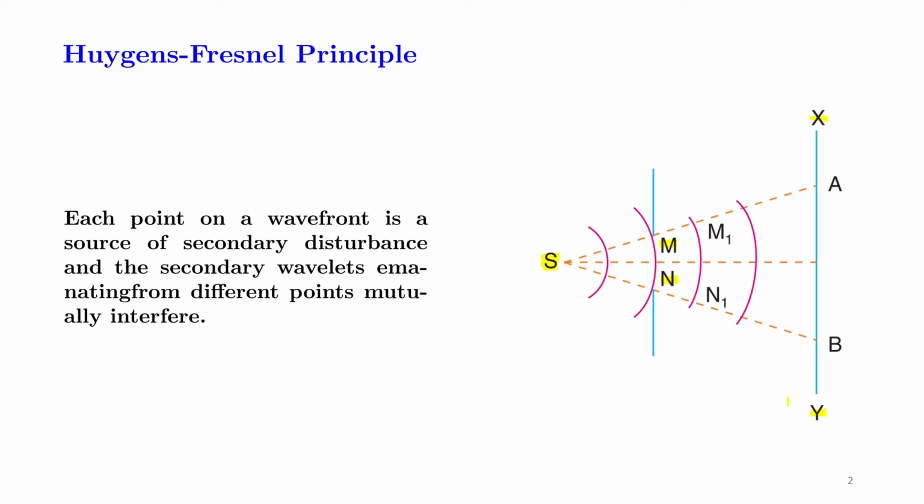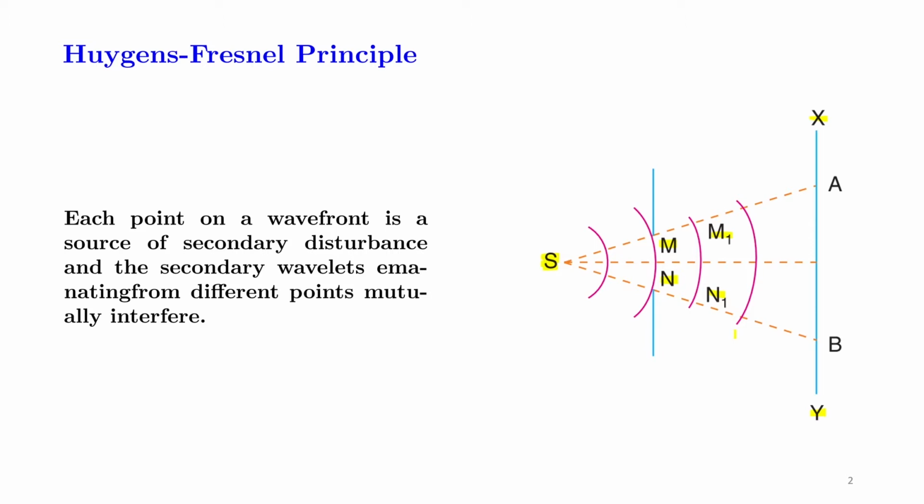Let us consider MN as the primary wavefront. Then, according to Huygens construction, the points in the primary wavefront form secondary waves whose envelope form a secondary wavefront. So what you see here as M1, N1 is the secondary wavefront that is emanating from MN.